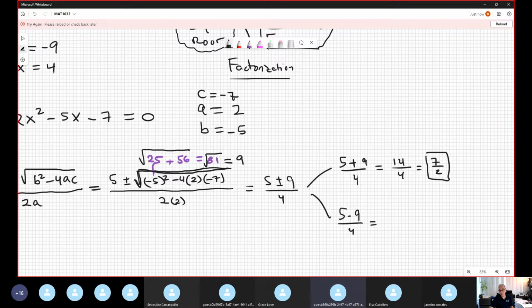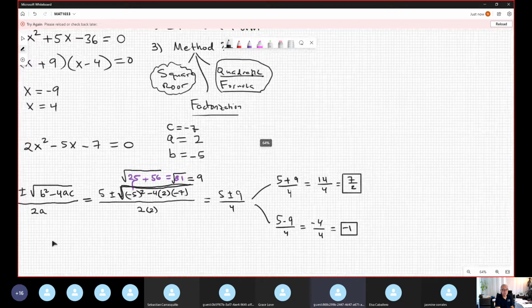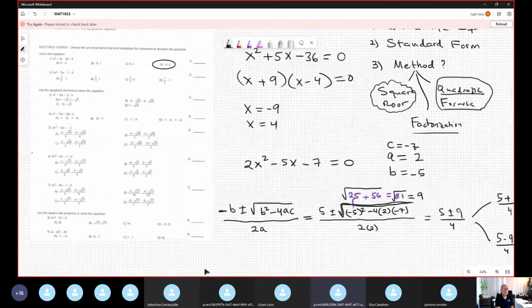And this is 7 over 2. It's a fraction. And here is 5 minus 9, which gets -4, divided by 4, and negative. That's the solution: 7 over 2 and negative 1.